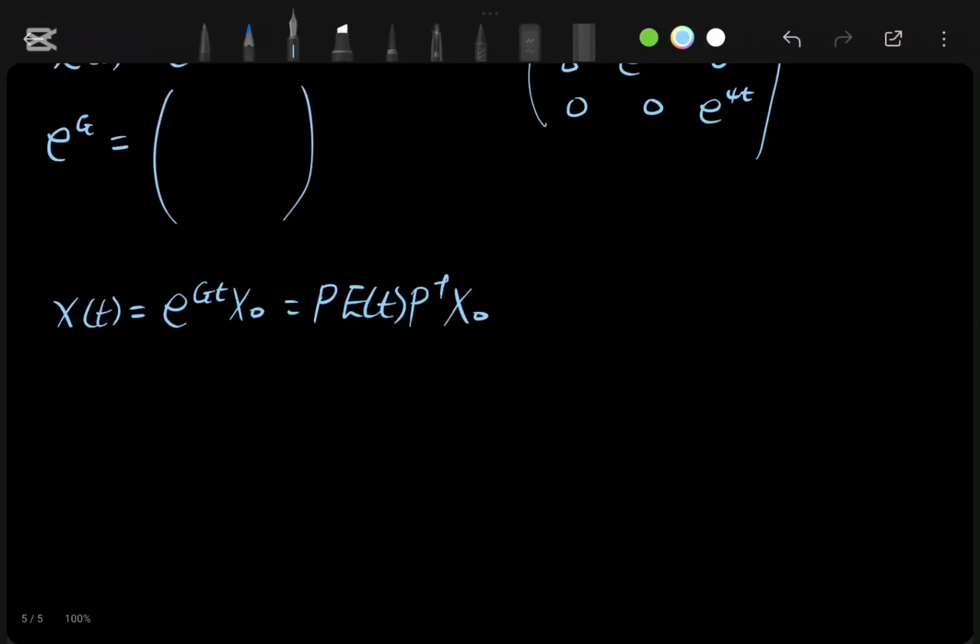Now in the question, we were told to write the stable, unstable, or center subspace. Now the eigenvalues that we had are all positive. So we will only have unstable subspaces. If we had negative eigenvalues, we would have gotten a stable subspace.